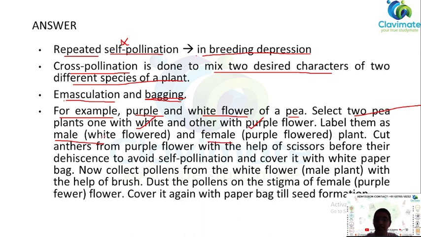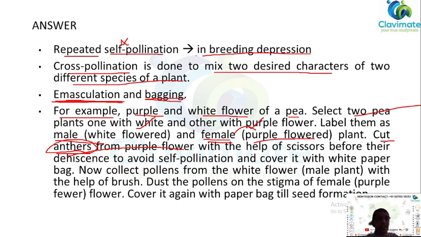For this example, you may label the white flower as male and the purple flower as female. Then you have to cut the anthers from the purple flower, because you have labeled the purple flower as female. Anthers are the male part of the flower. This is called the emasculation process.